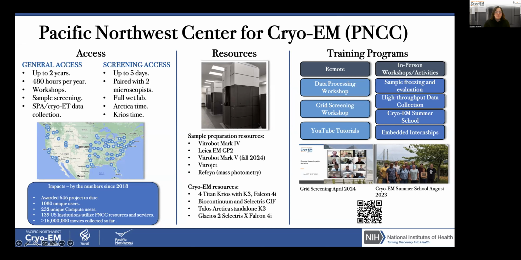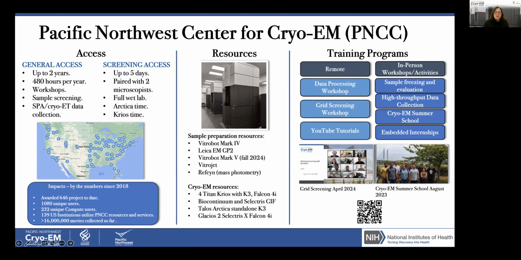Approved general access proposals are also eligible for our training workshops, which cover topics from sample preparation through data processing. PNCC has 6 microscopes. We have an Arctica with a K3 camera for screening and 4 Krios instruments for data collection equipped with K3 and Falcon 4i cameras. 3 of our Krios are equipped with Gatan energy filters, while the other 2 have Thermo Fisher energy filters.